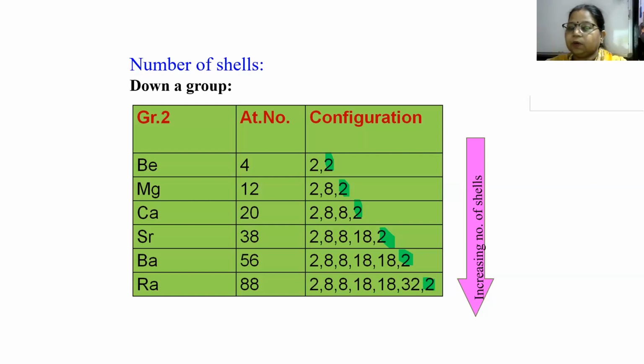But in order to make you understand that at every step, one shell or orbit is being added, and more importantly, they have 2 electrons in the valence shell. That means all elements belonging to the same group have the same valence shell electronic configuration, right?